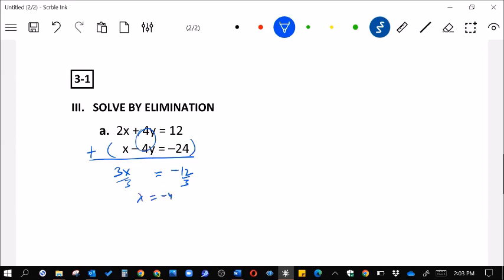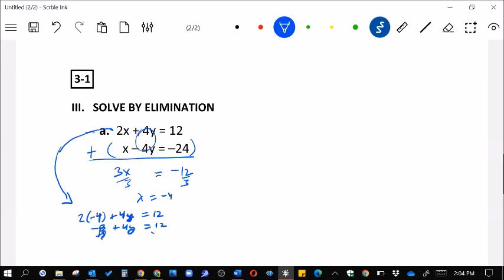And I can put that now into either one of these problems, such as 2 times negative 4 plus 4y. So I'm going to take the first one here and bring it down, plus 4y equals 12. That's negative 8 plus 4y equals 12.